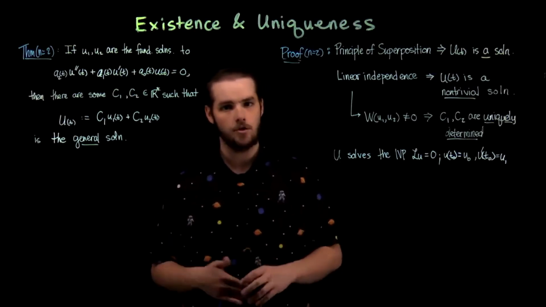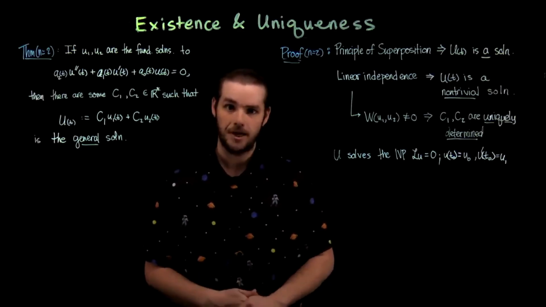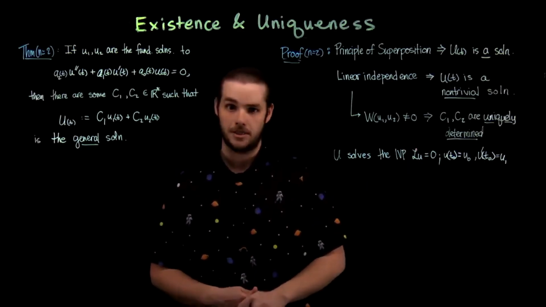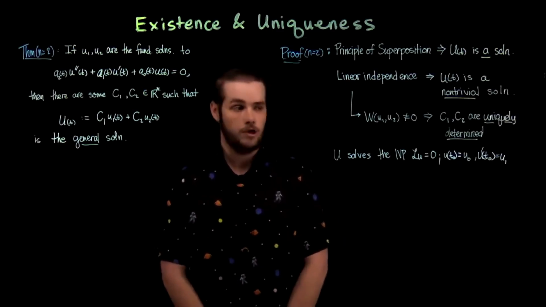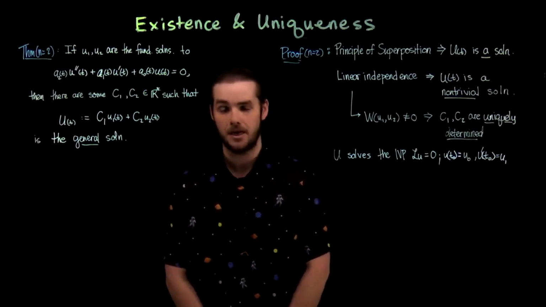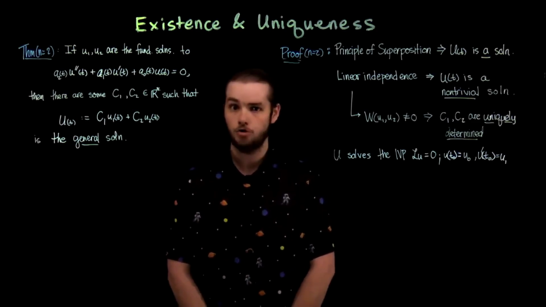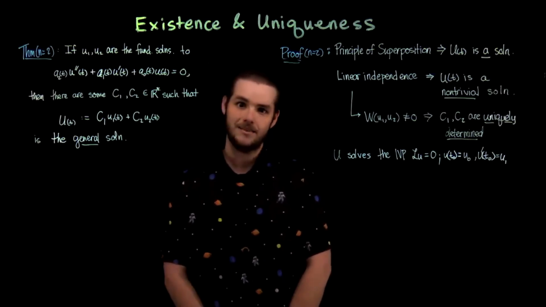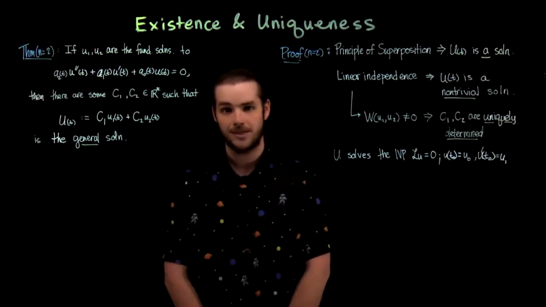And we built up this artificial initial value problem that showed us the constants C1 and C2 can be uniquely determined. In other words, they are guaranteed to exist in the first place and to be non-trivial. So now we know that U is a proper two-parameter family of solutions. The last thing that remains is to know if all initial value problem solutions can be derived from this family.